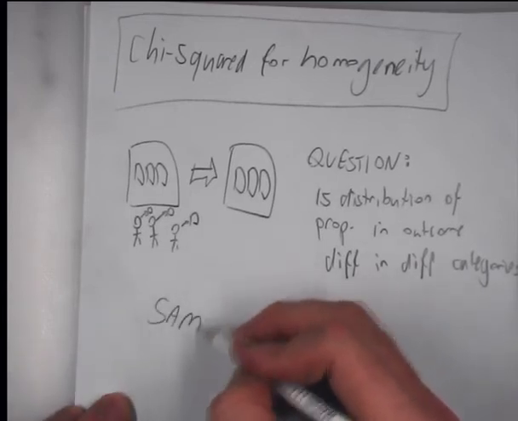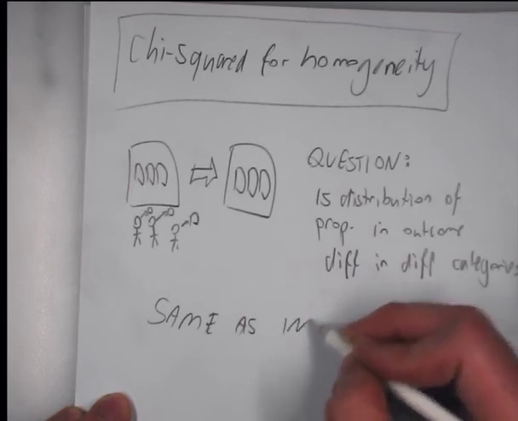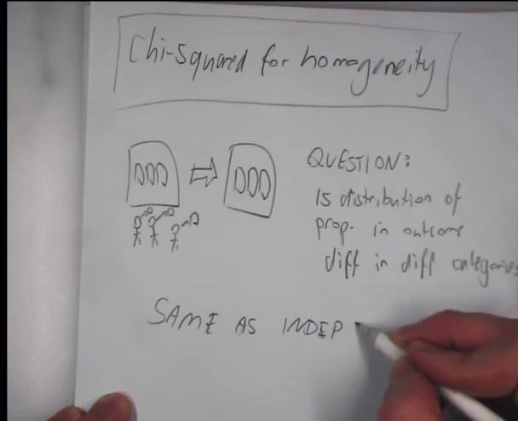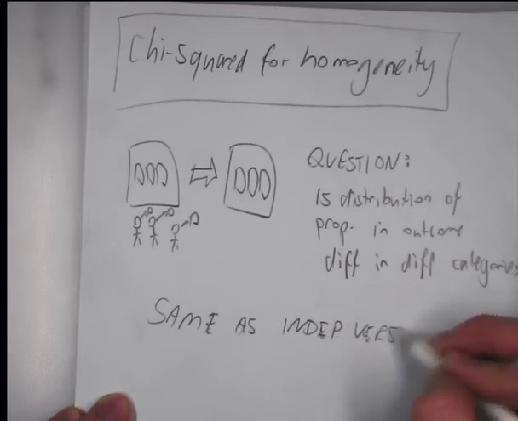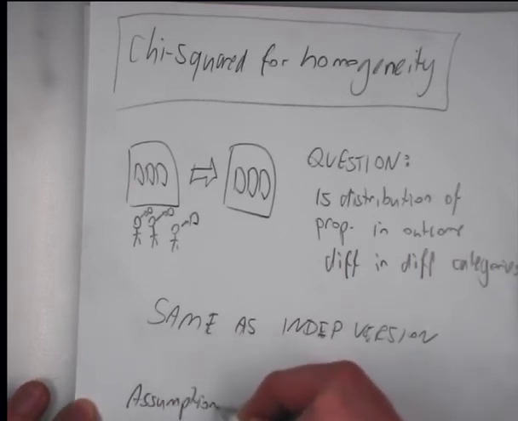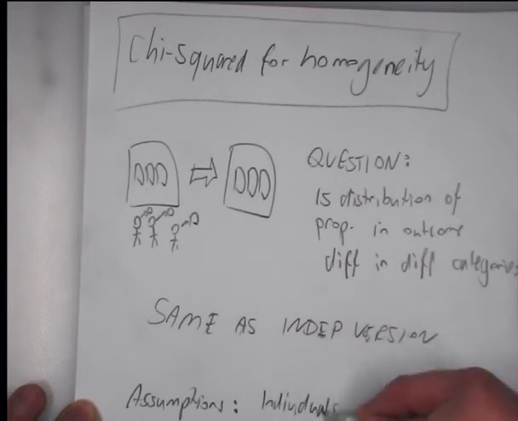So up from this point, same as the independent version, except that the assumptions are: individuals are independent within groups.